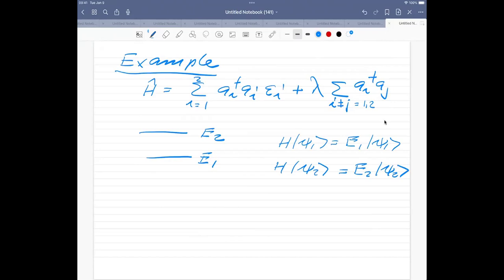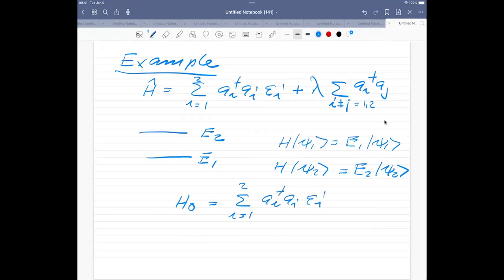And then the non-interacting piece, which is given by this part of the Hamiltonian, is simply given by the H0 term, which is going to be defined as this sum from i equal 1 to 2 of a_i a_i epsilon_i.